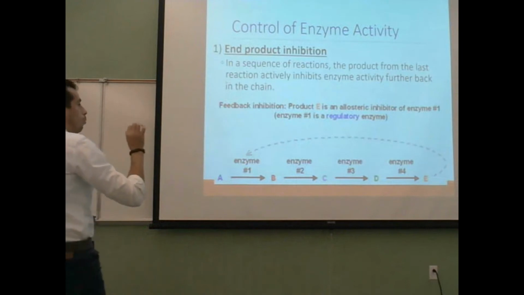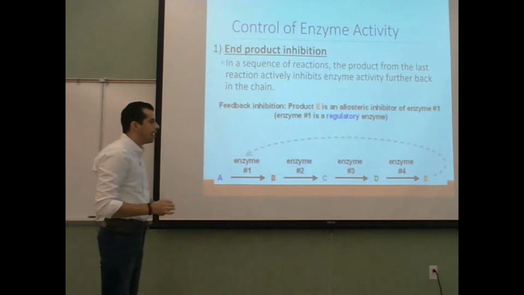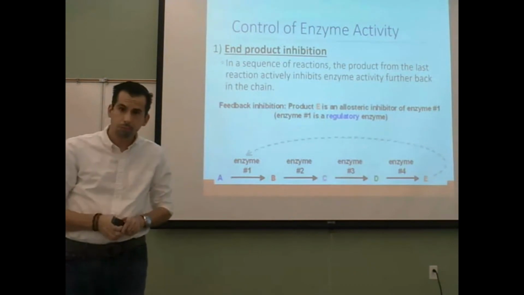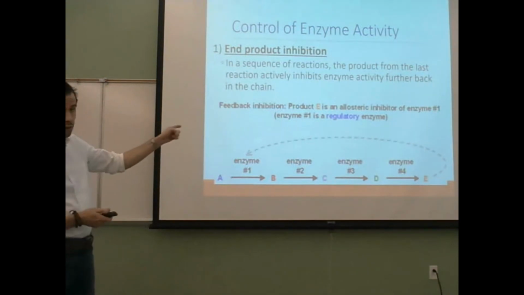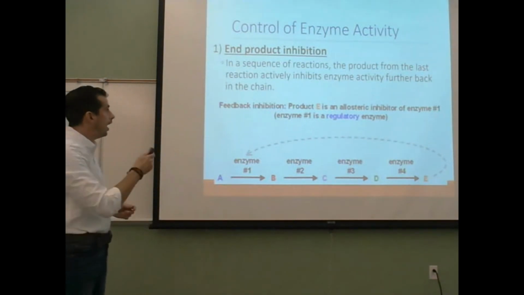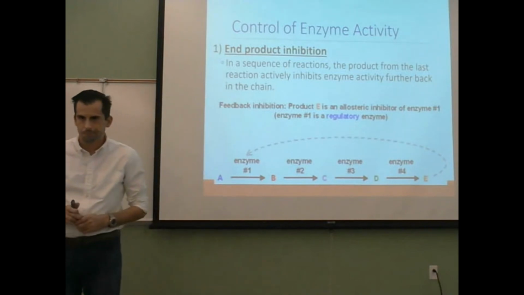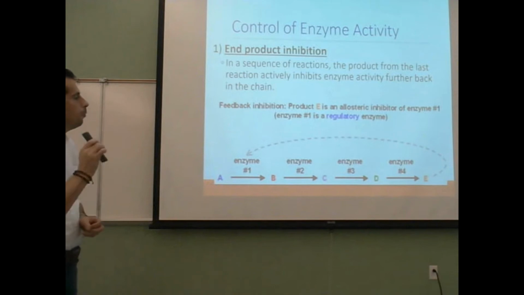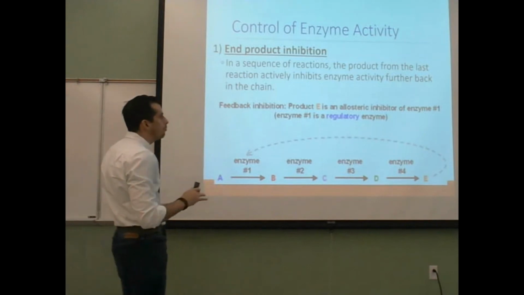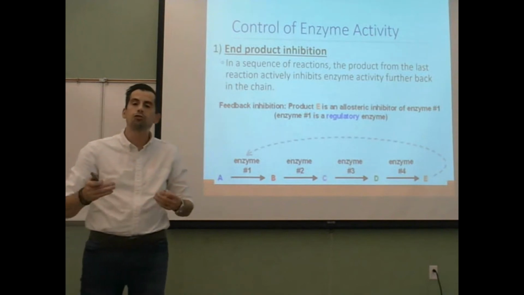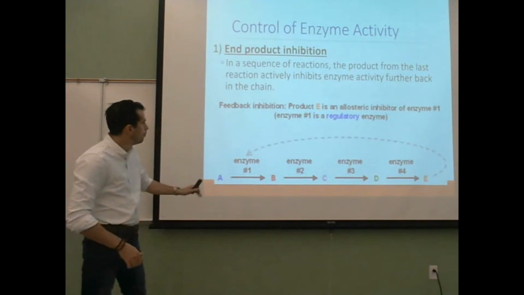The first way that we have to control enzyme activity that we'll discuss, and it's probably going to be the most effective way, is that we'll talk about. This is the biggie. End product inhibition is the most valuable means of control we have over enzymes' activity, therefore the most valuable way that we have to control reaction rates.